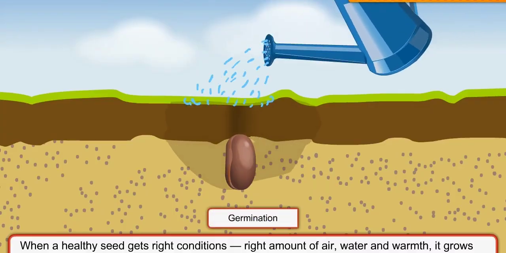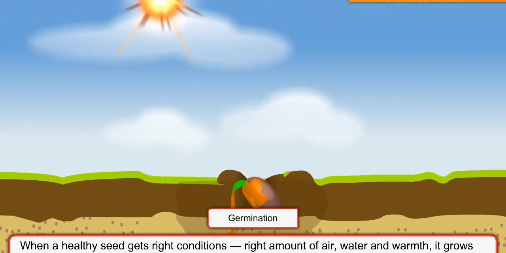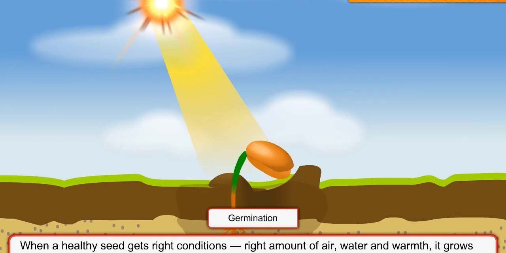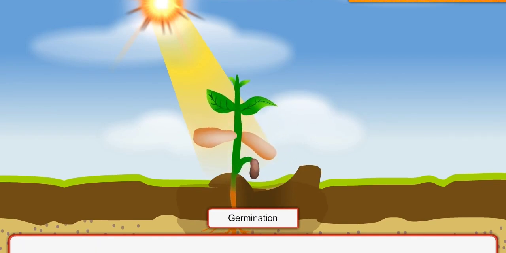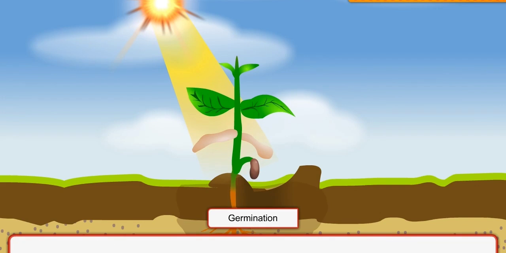When a healthy seed gets the right conditions, the right amount of air, water, and warmth, it grows into a baby plant called a seedling. The process by which a seed grows into a new plant is called germination.